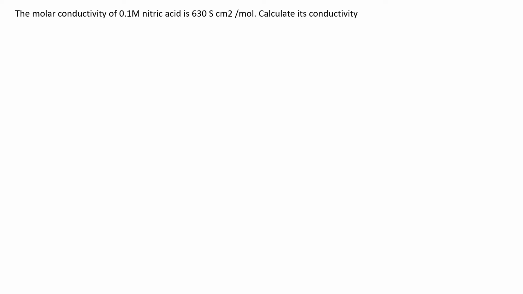the molar conductivity of 0.1 molar nitric acid is 630 Siemens centimeter square per mole. Calculate the conductivity.